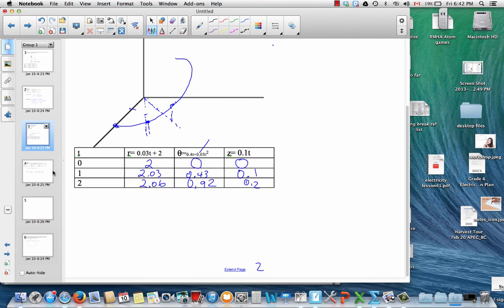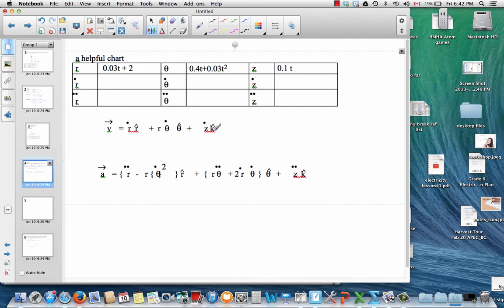Now in terms of the components, we just add a z dot velocity, that's the z velocity, and a z double dot acceleration. Well, in this case, there's constant z velocity and no z acceleration. And then once again, we just do the derivatives to find r dot, that's 0.03 by the way, theta dot, we have a non-constant here, depends on time, and we have a theta double dot term 0.06.